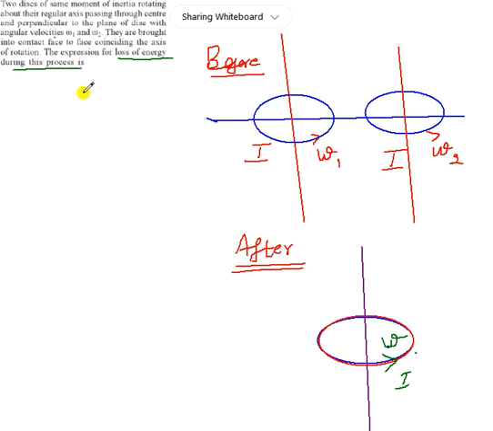When they rotate separately, they will have higher energy. When they combine with each other, will the energy be reduced or increased? It's becoming a massive system. Suppose I ask you to take 1 kg of stone and go for a round.